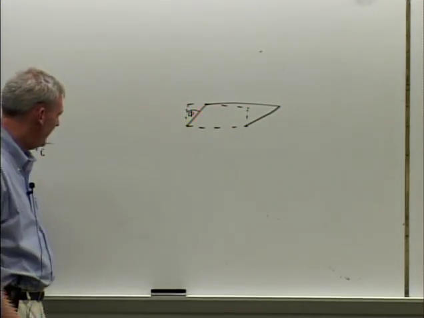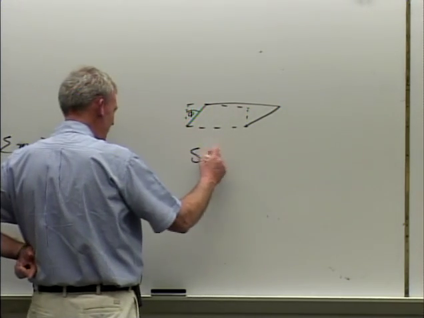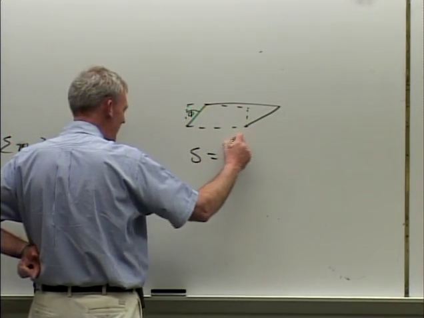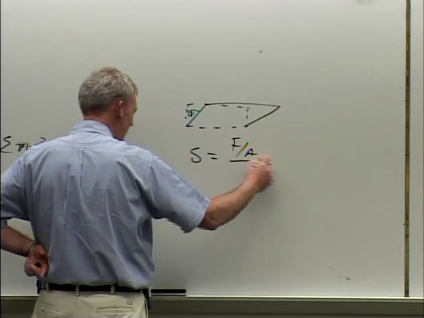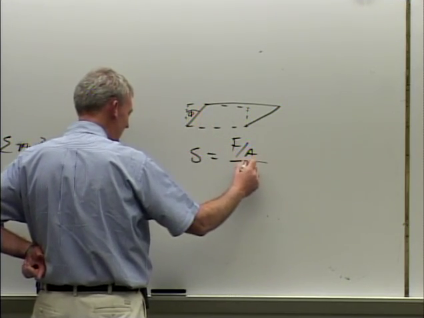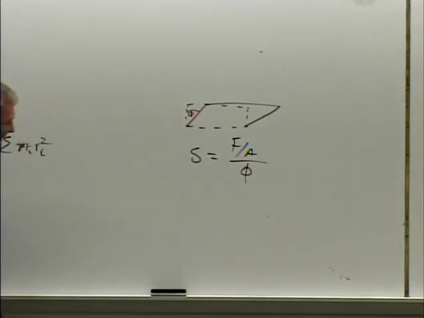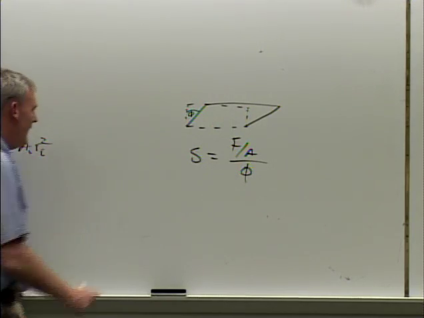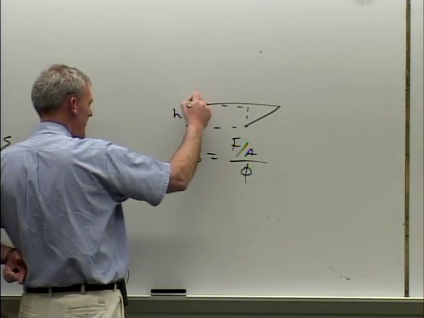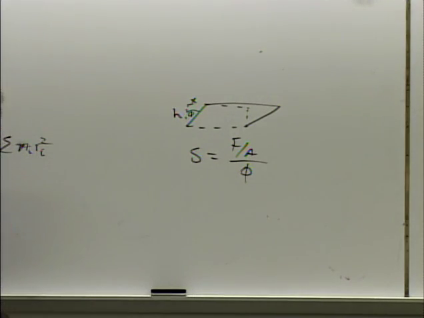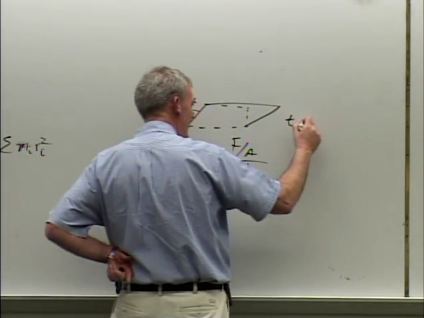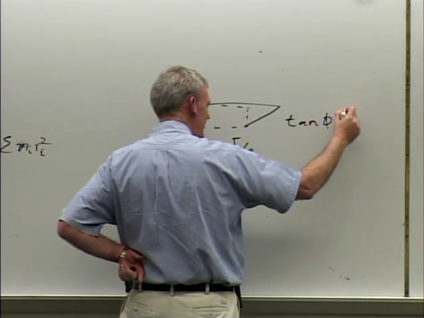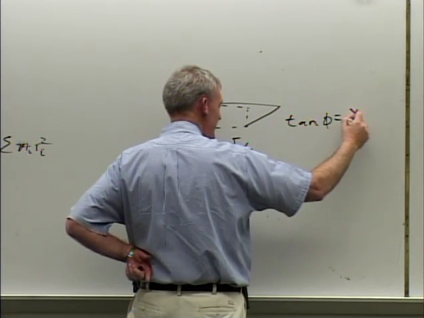The shearing of something is equal to F over A divided by this little angle theta, or phi. And because that angle phi, you got the height of the thing times x here. You could say really that the tangent of phi is equal to x over h.